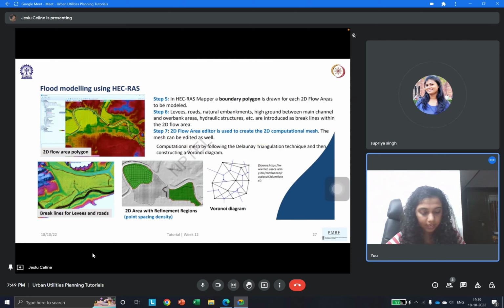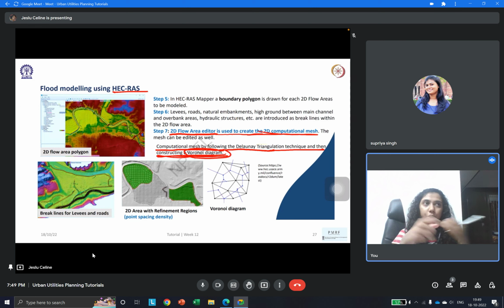So in HEC-RAS, we use the 2D flow area editor, which is used to create the 2D computational mesh. This computational mesh is made by following the Delaunay triangulation technique and then constructing using a Voronoi diagram. Why do we use the Voronoi diagram? We use it to demarcate the region from which that water is coming.